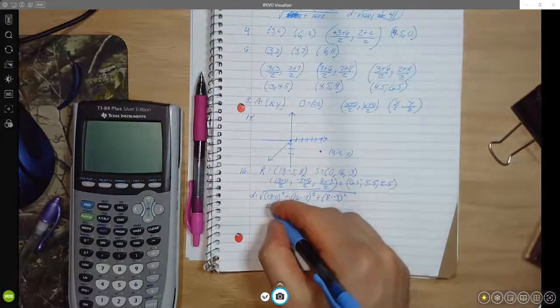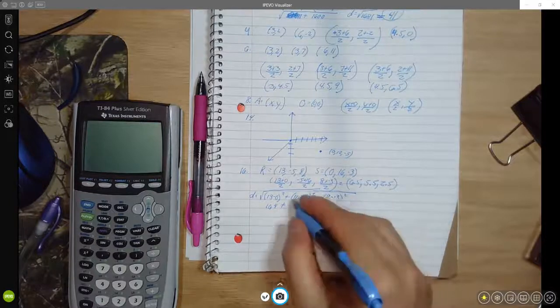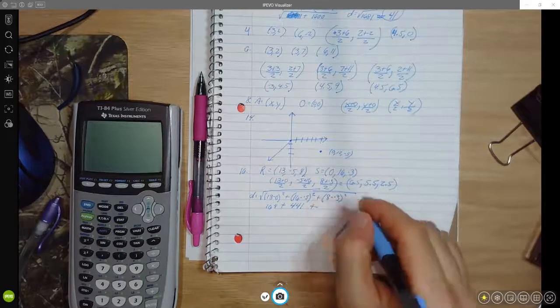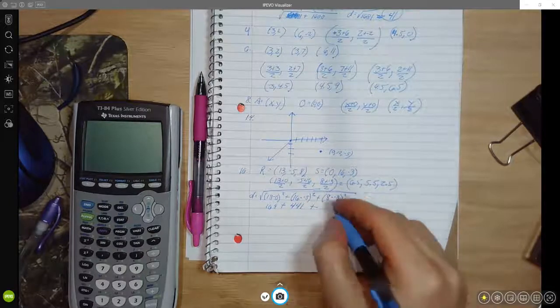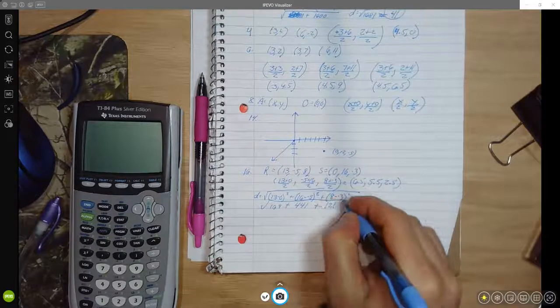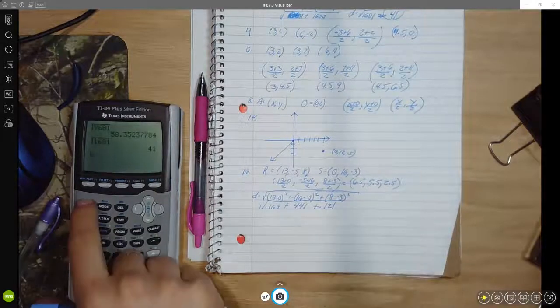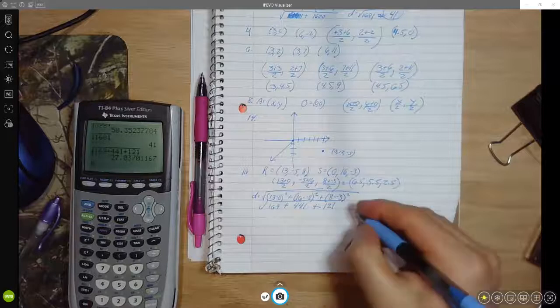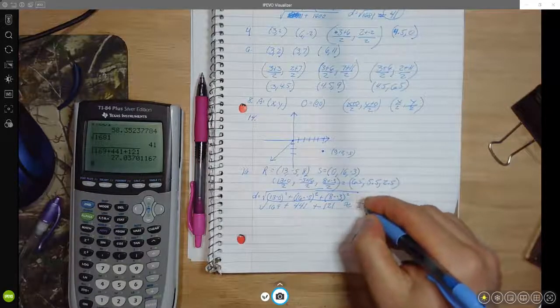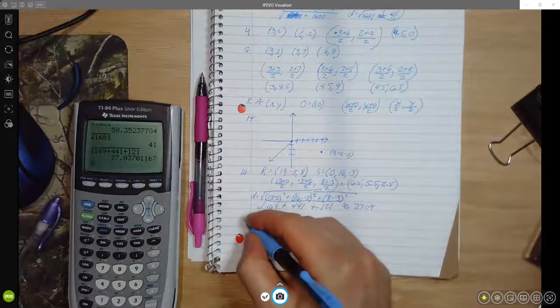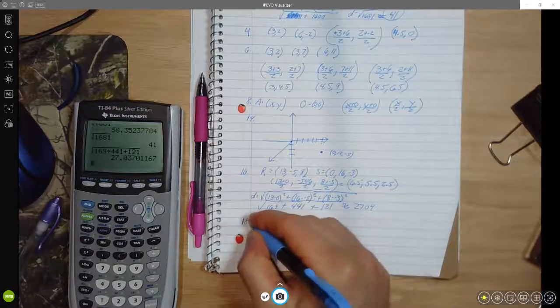So 169 plus, that's 21 squared, 441, plus 11 squared is 121. So I got about 27.04. All right, 18.